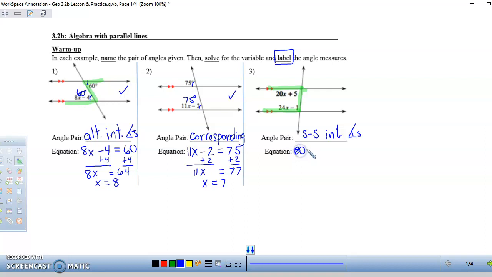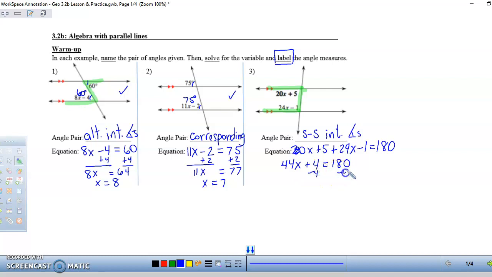So 20x plus 5 plus 24x minus 1 is equal to 180. Supplementary. Combine like terms. 20x and 24x is 44x. 5 minus the 1 is 4, equals 180.